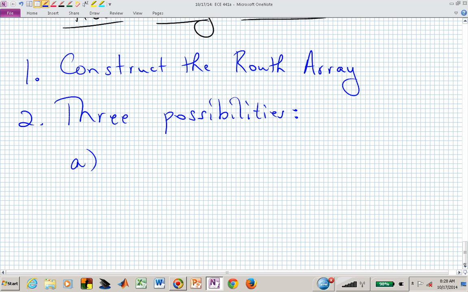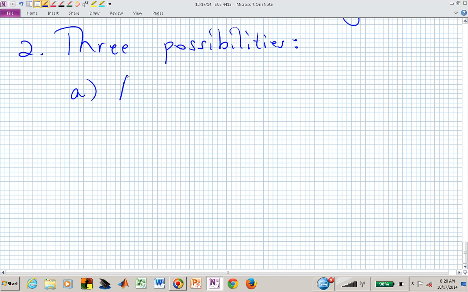First possibility, or the A possibility, is you're going to have this array of numbers, and it's not square. It's not upper triangular because now we're going above the anti-diagonal. This will make more sense in a minute.